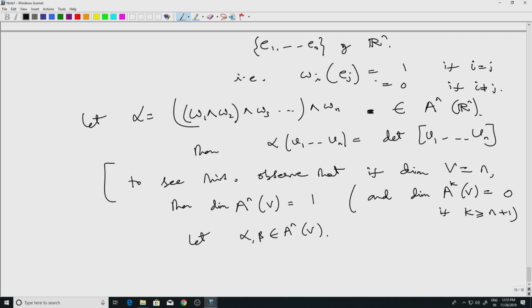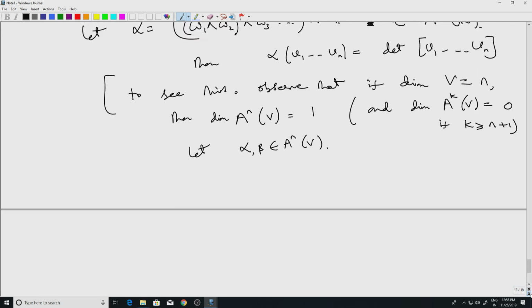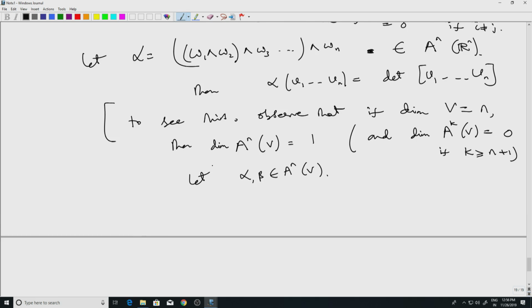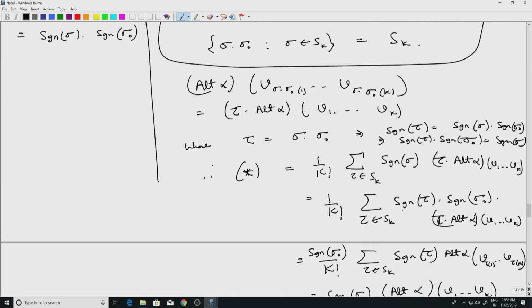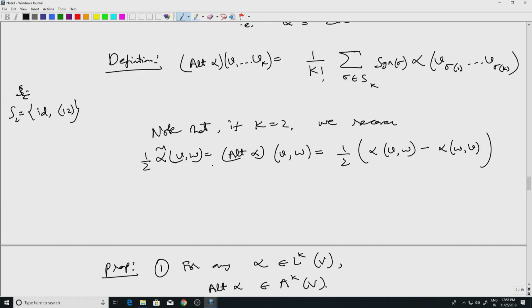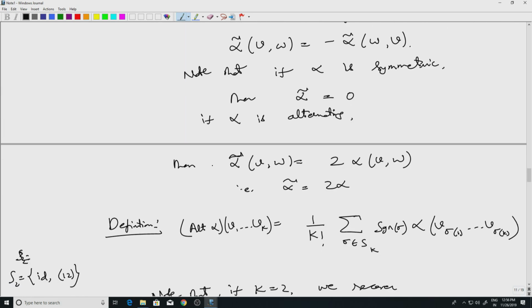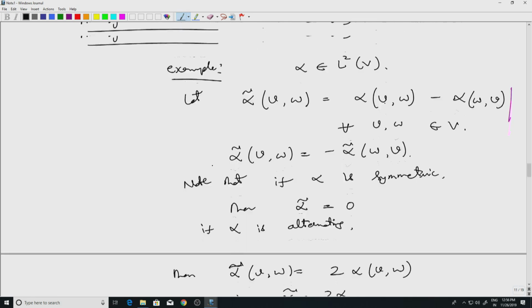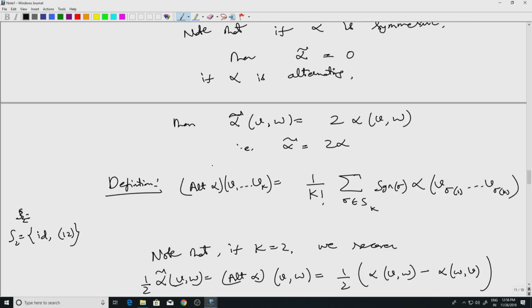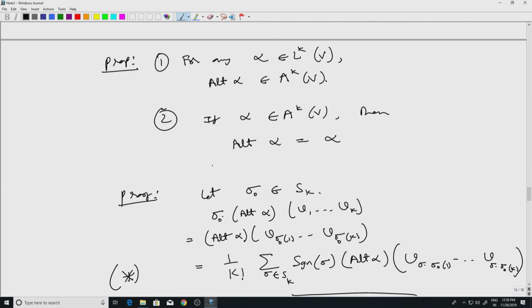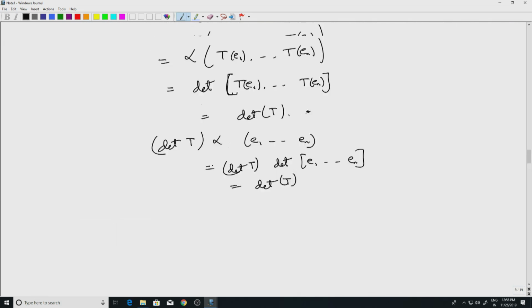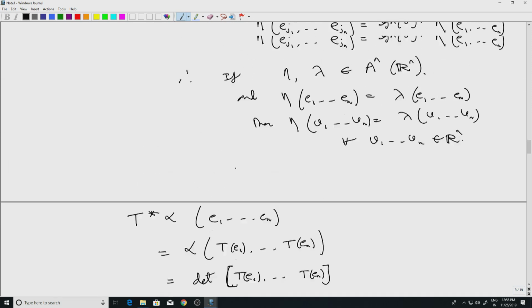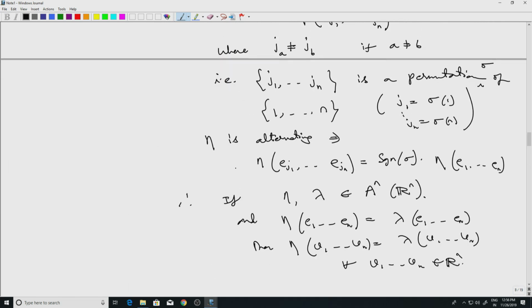I start with 2 elements here. And we have already seen, when I did this pullback calculation, the pullback of the determinant function, right here, in this calculation.